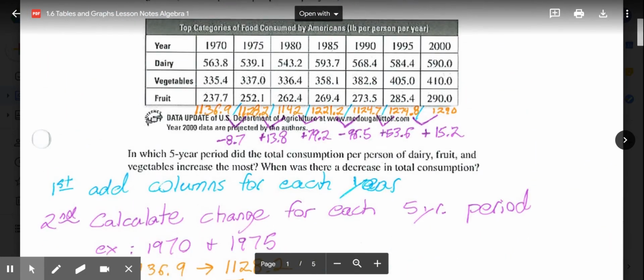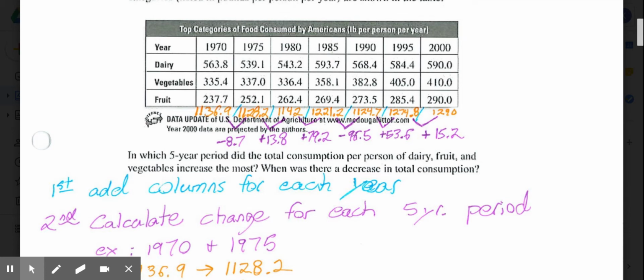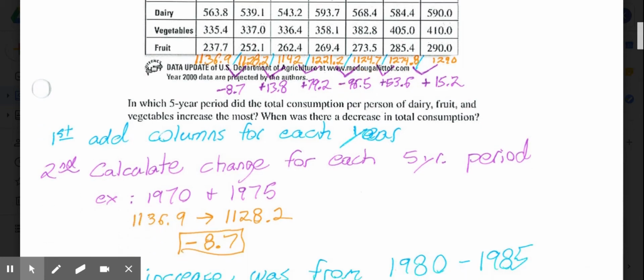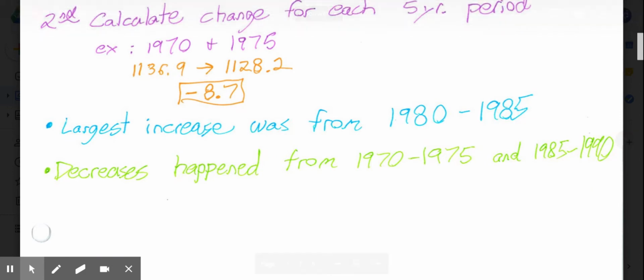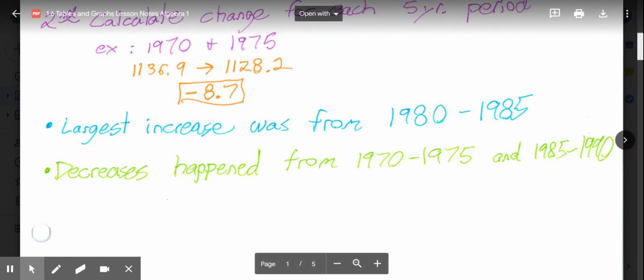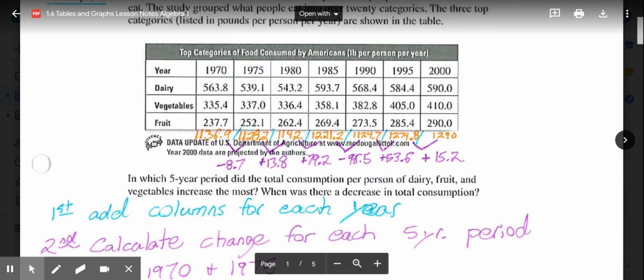Then decreases happened anywhere it went down. So from 1970 to 1975, it decreased. And from 1985 to 1990, we had a decrease. So that would be our answers there. Decreases happened from 70 to 75 and from 85 to 90. So in this case, it's just taking data from a table.